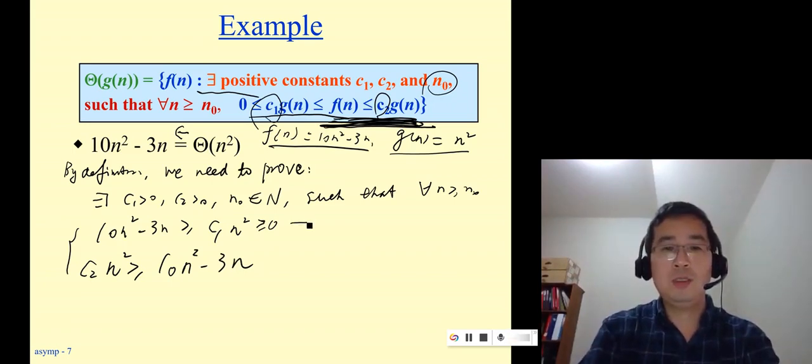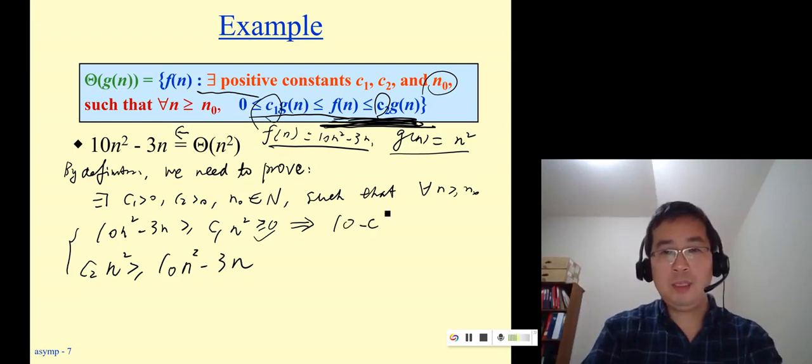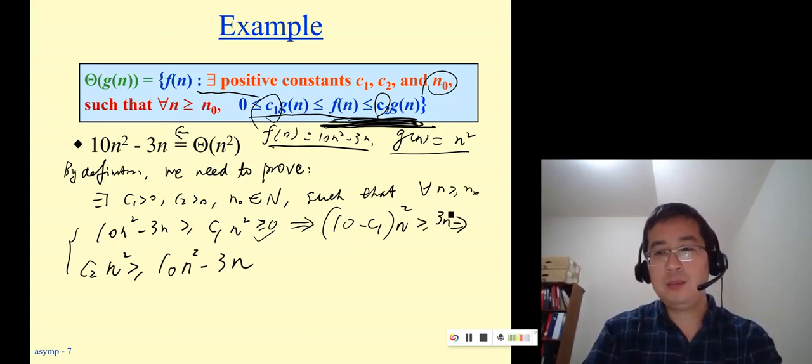So let's continue. This one is holding, there's no need to check because n is a natural number. And this one is 10 minus C1 times n squared larger than 3n. You can further factor out one n, so you have 10 minus C1 times n larger than 0.